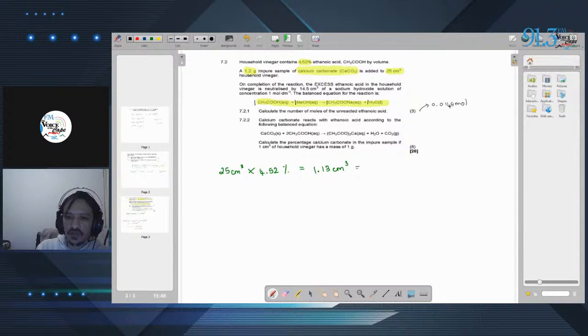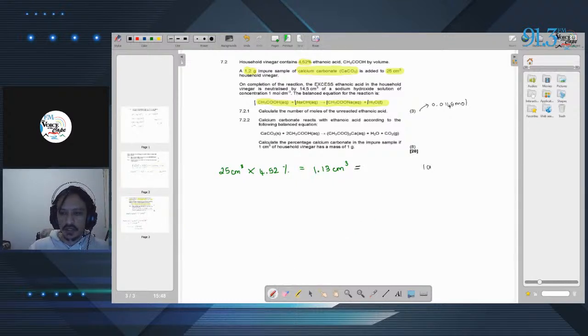So we can just go here and say, well, this is going to be equal to, 1.1 centimeter cubed to 1 gram. Let me just check here. Do this.